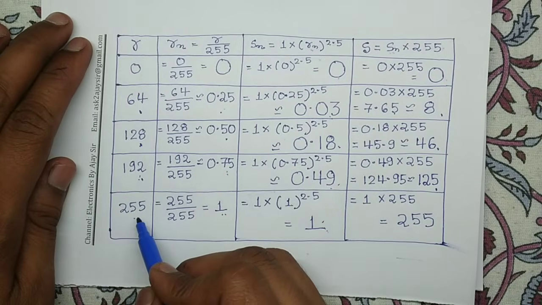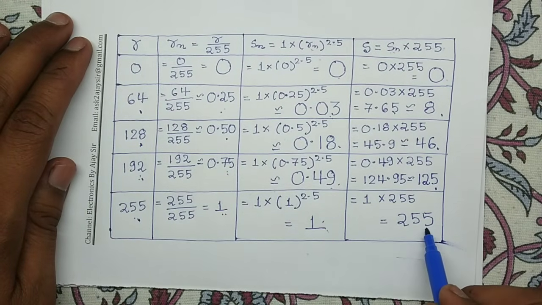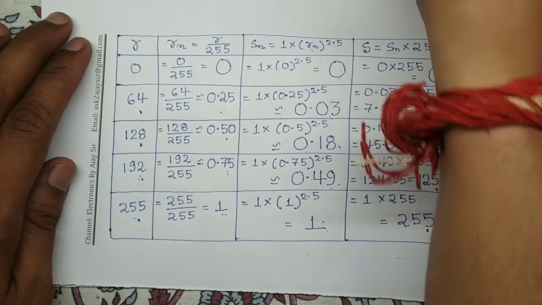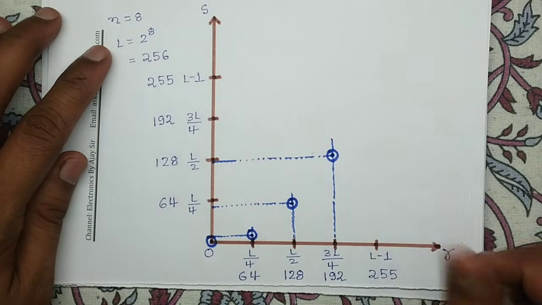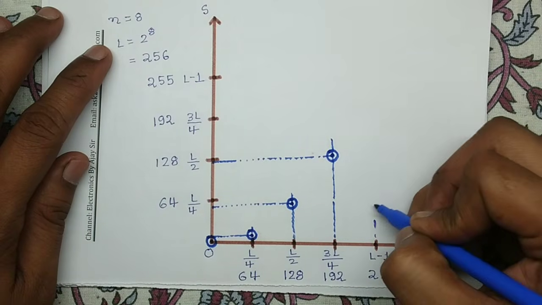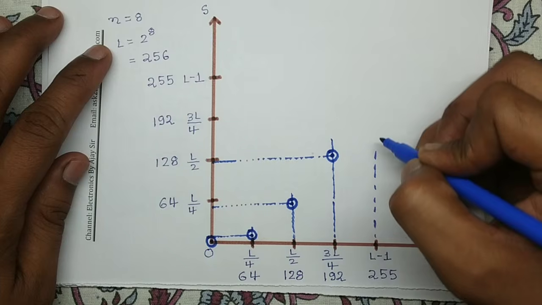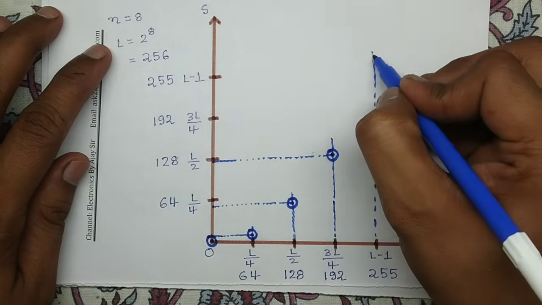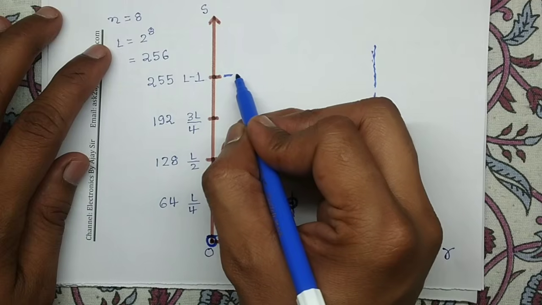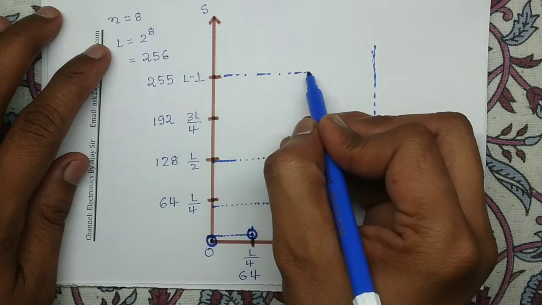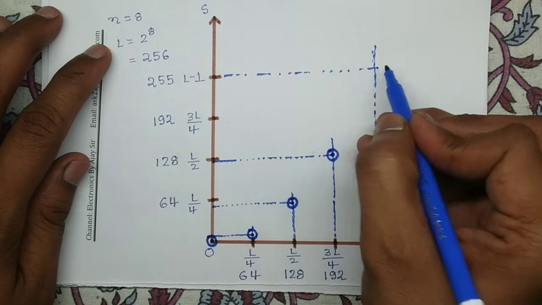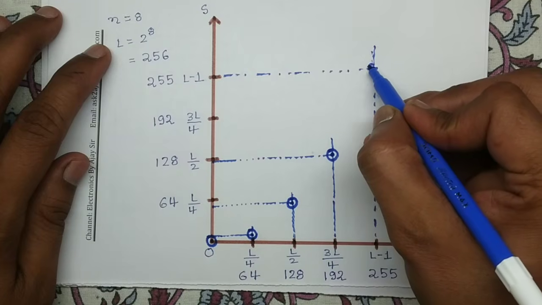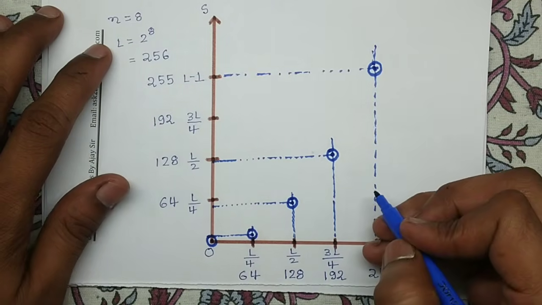And lastly, when r equals 255, s is also equal to 255, tentatively representing this point. Now we will connect all these points.